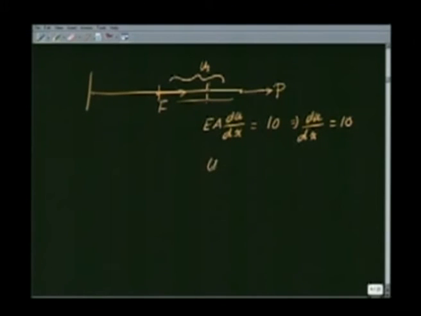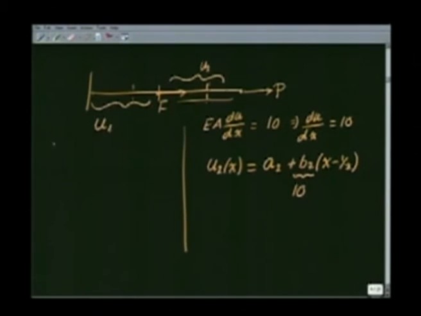So u2 of x will be equal to a2 plus b2 into (x minus half). I could always write it as a linear because the slope is a constant, where b2 will be equal to 10. Similarly, if I look here in this part, I will call the solution as u1.